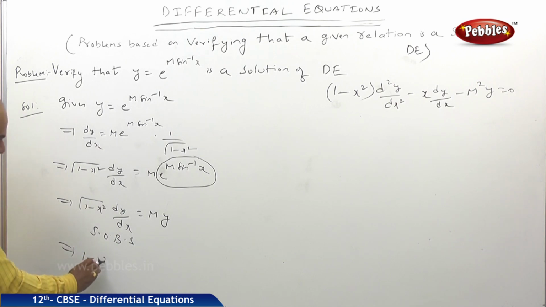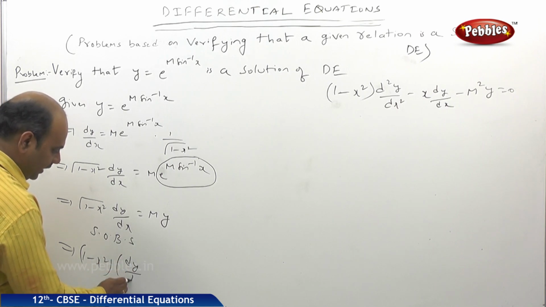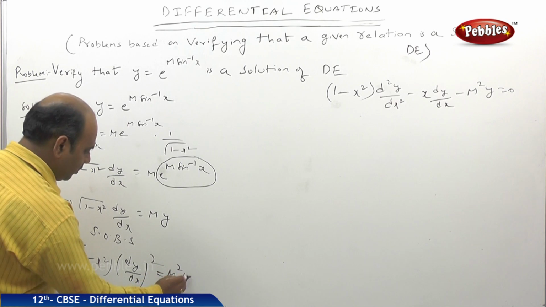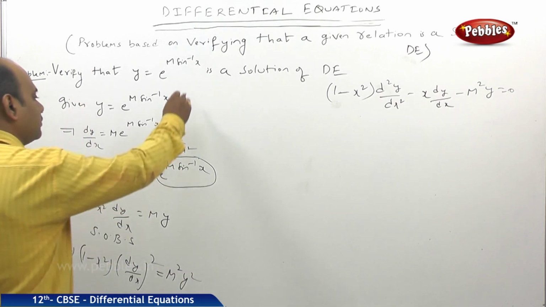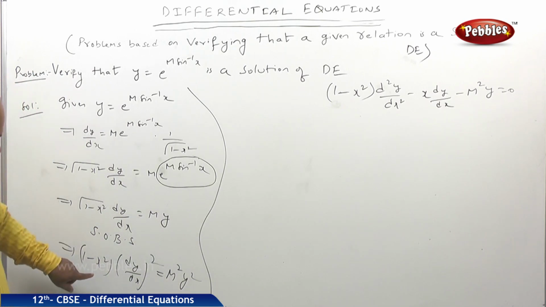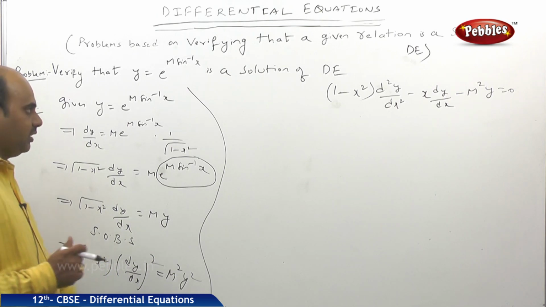So 1 minus x square into dy by dx whole square is equal to m square y square. So finally I got a relation like this: 1 minus x square into dy by dx whole square is equal to m square y square.